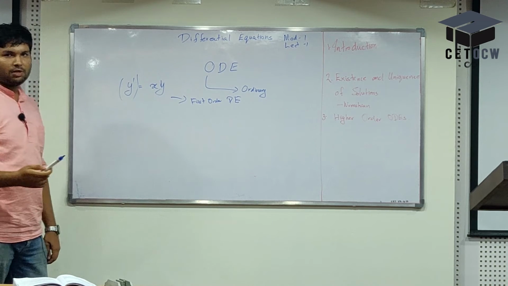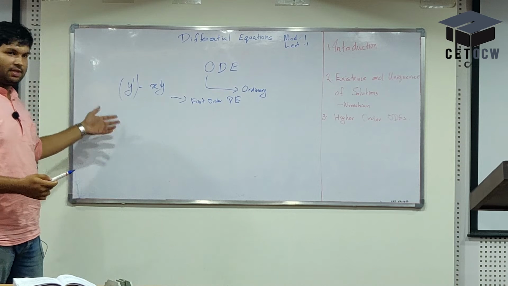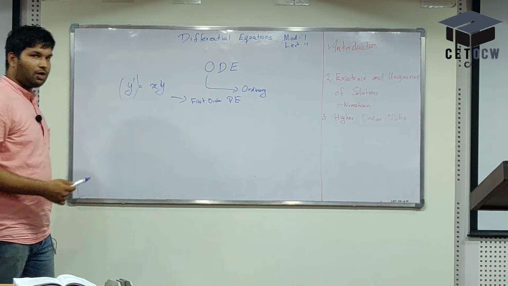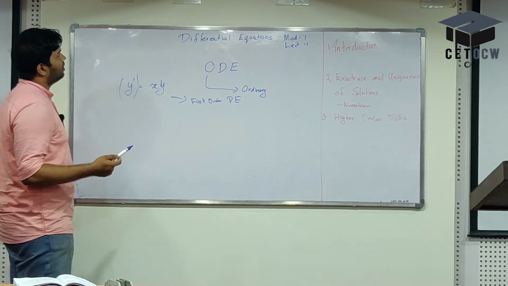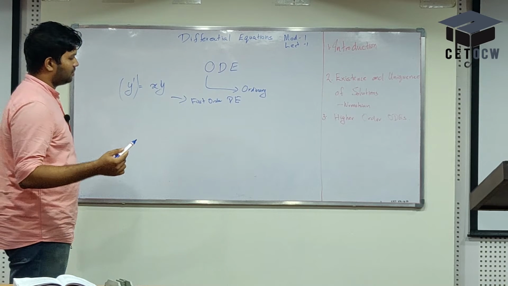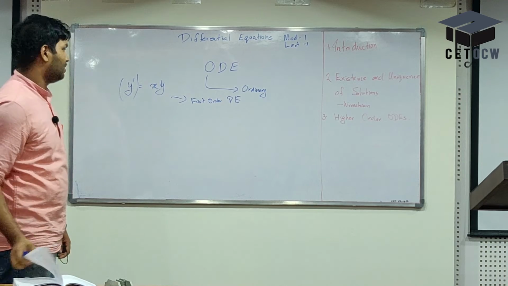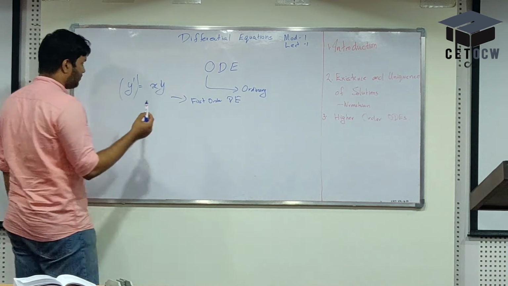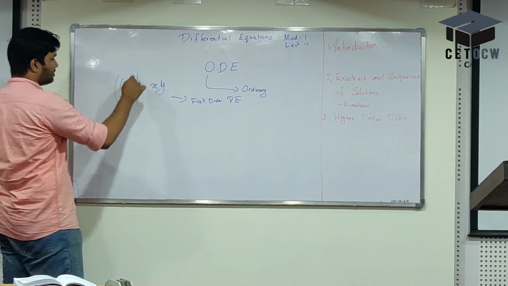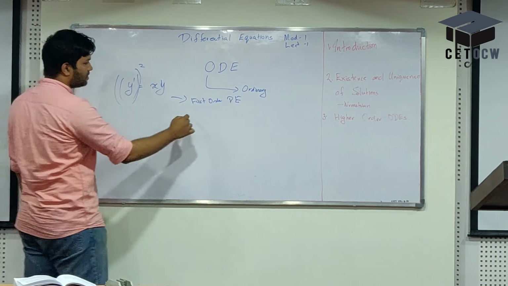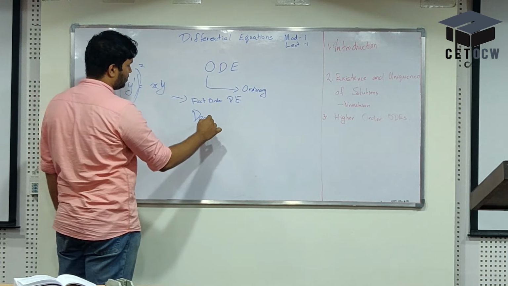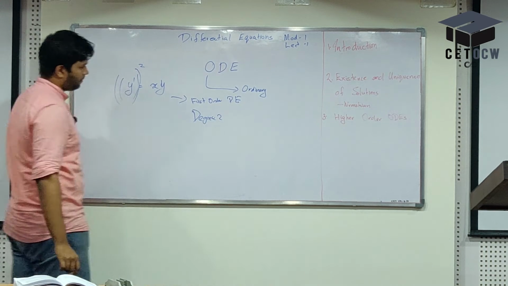And we need to talk about another term associated with a differential equation called the degree, similar to the degree of a polynomial. If this was squared, you would say that its degree was 2.